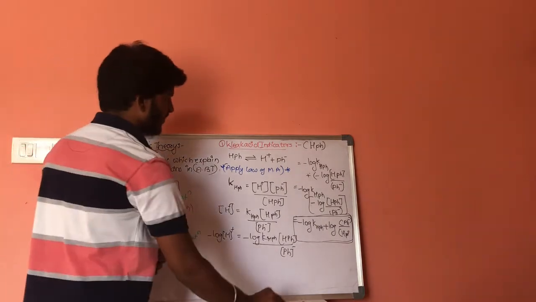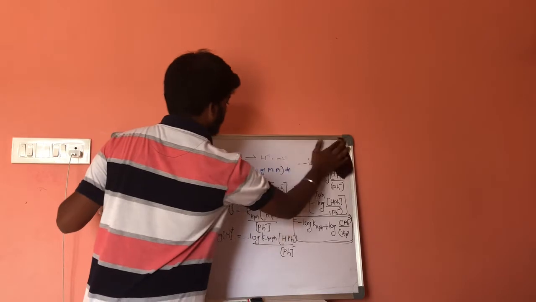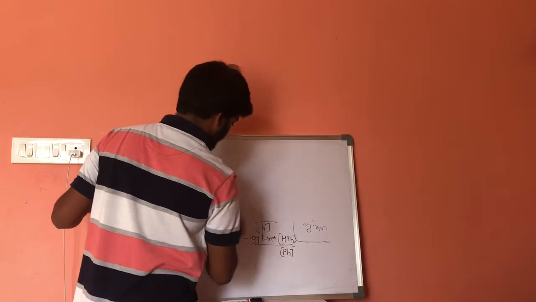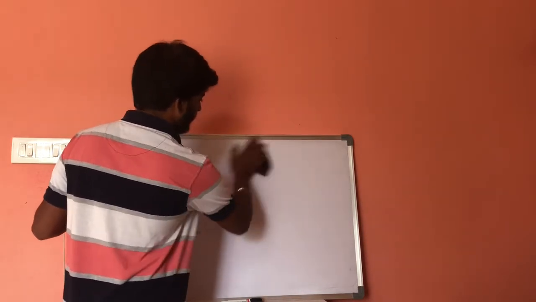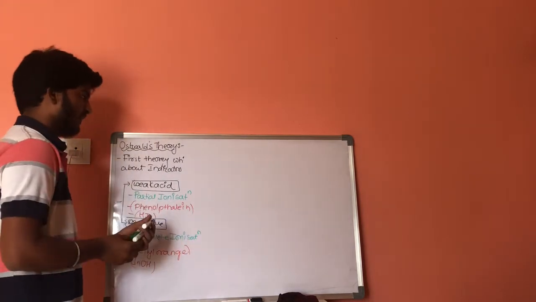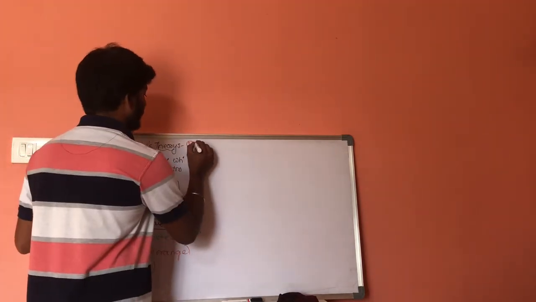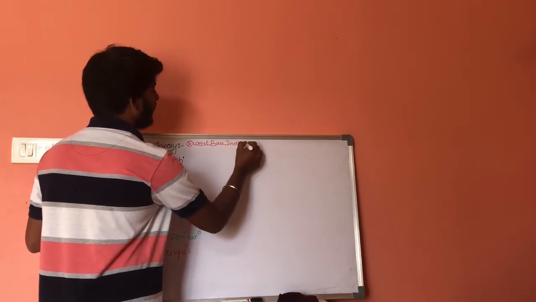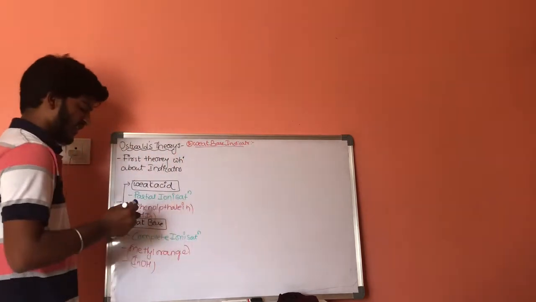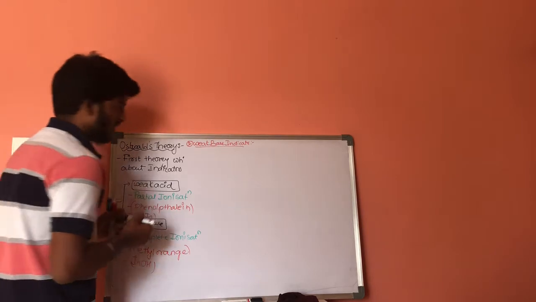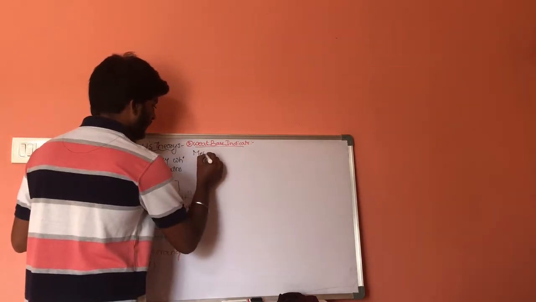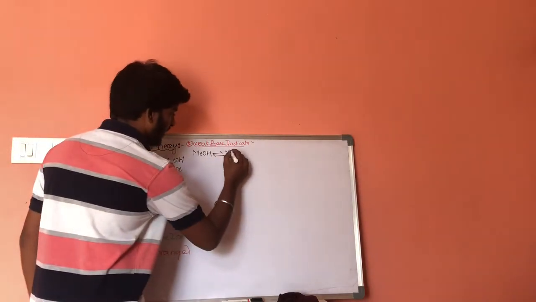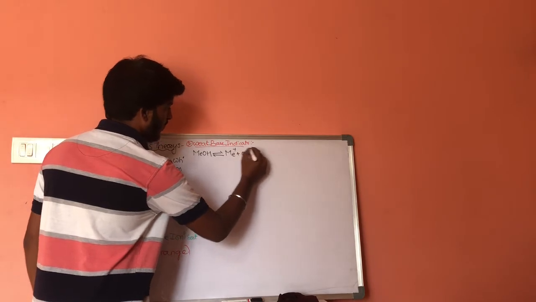Now let us discuss weak bases, that is the second one, weak base indicators. An example is methyl orange, MeOH. This methyl orange undergoes ionization and forms Me plus and OH minus ions.